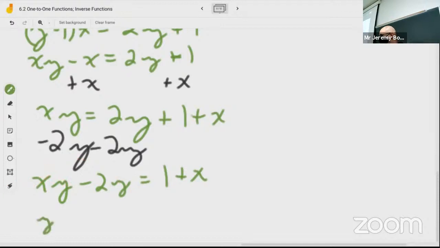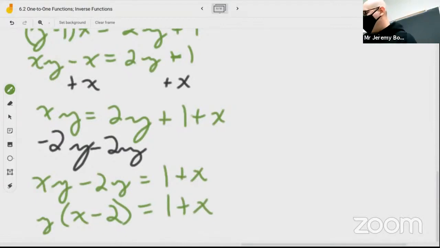So we'll have y times what's left over, x minus 2 equals 1 plus x. I should have written it as x plus 1. It doesn't really matter, it just looks better.